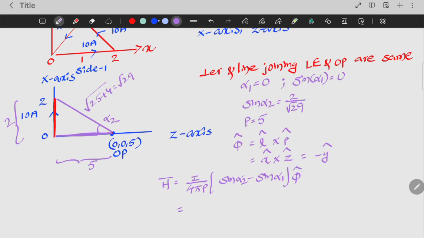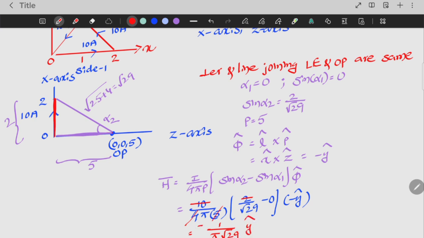So it is equal to I, 10 amperes, by 4 pi rho, with rho is 5, and sin alpha 2 we got 2 by root 29 minus 0, in the minus y cap direction. So we can write 20 over 20, and finally we got 1 by pi root 29, minus y cap.